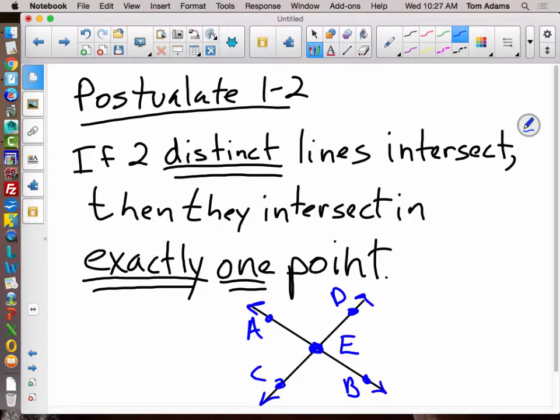Now I labeled it a little different than the way it is in the book. Where do they intersect in this particular case? Point E. Your book rearranged the letters. I did that on purpose. It's pretty self-explanatory. You ready for the next one? Yeah.